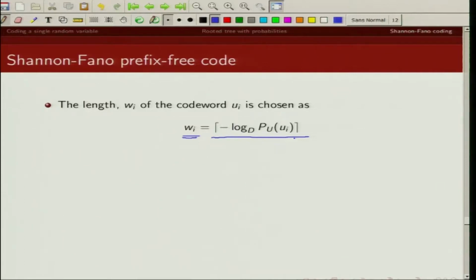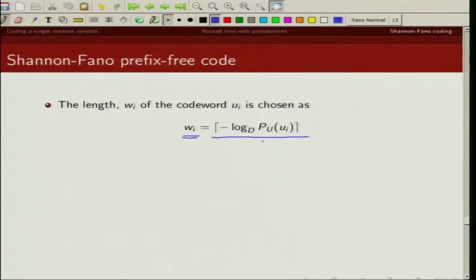So in other words, the code word length is inversely related to the probability of occurrence. If a code word is occurring more frequently, it will be assigned a smaller code word length. If a particular occurrence of U is happening less frequently, it will be assigned a larger code word length.